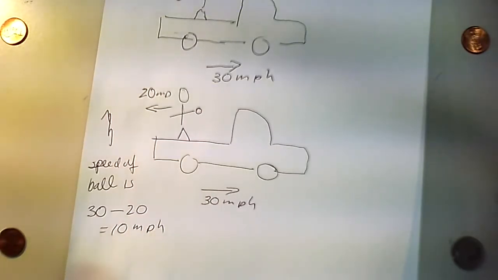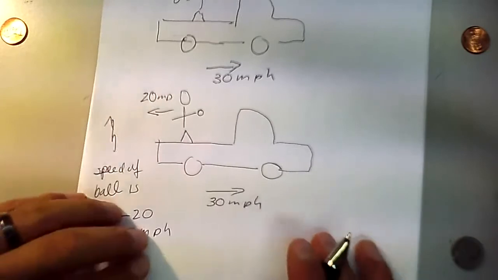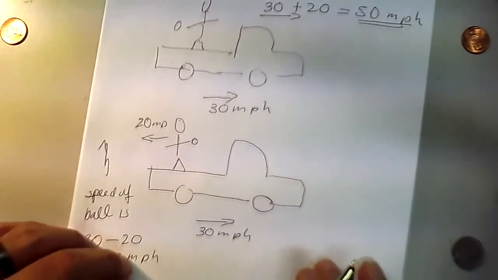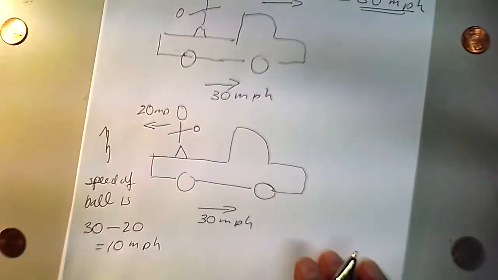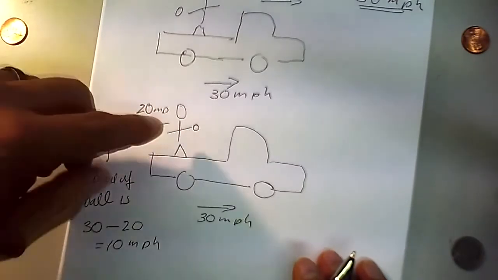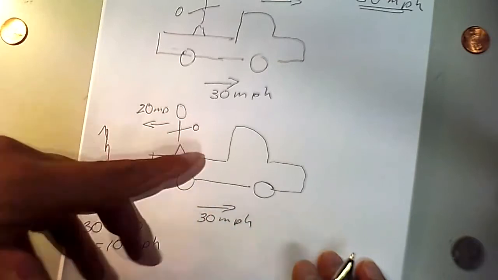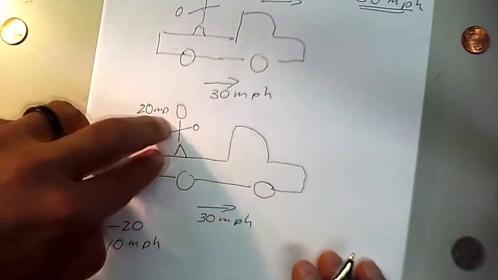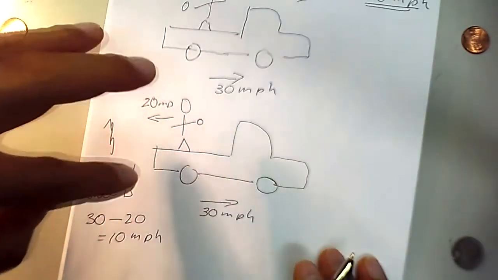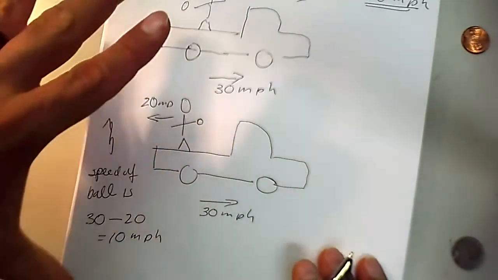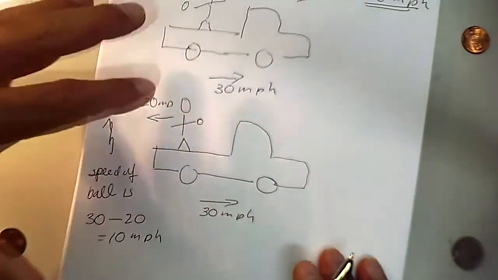And the same thing happens with any object. So if you absolutely have to jump off a moving object, such as a truck, this is super dangerous. Don't do it. Again, I cannot emphasize enough. Don't.